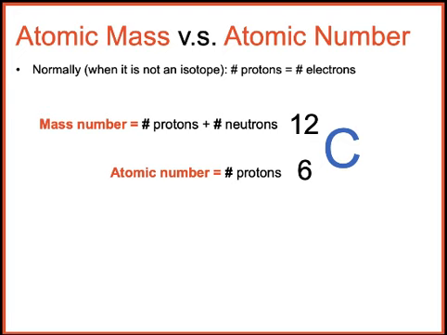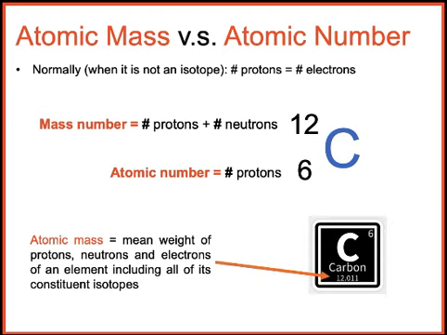The atomic number is just the number of protons, right? Now, the atomic mass equals the mean weight of protons, neutrons, electrons of an element, including all of its constituent isotopes. So basically, an element's atomic mass is the sum of the weight of protons, neutrons, and electrons, but depending how many isotopes we have, right?